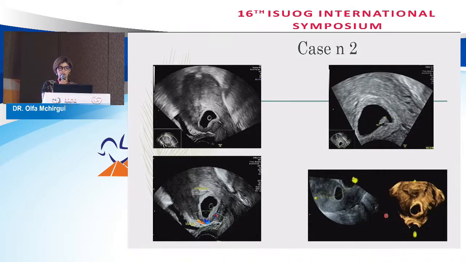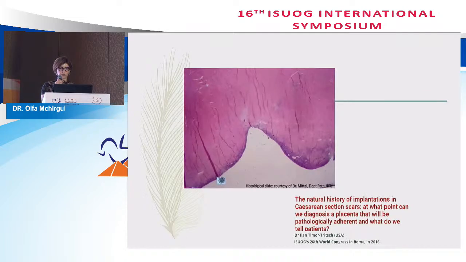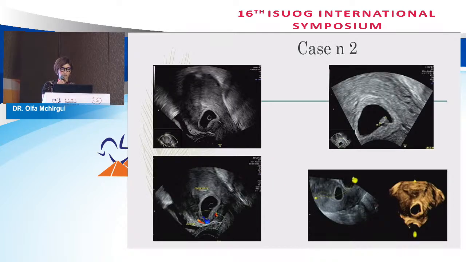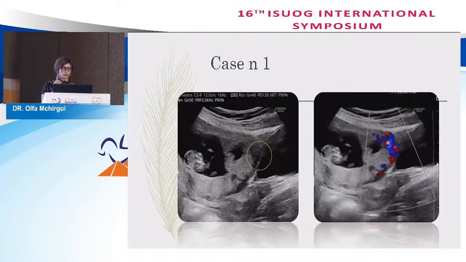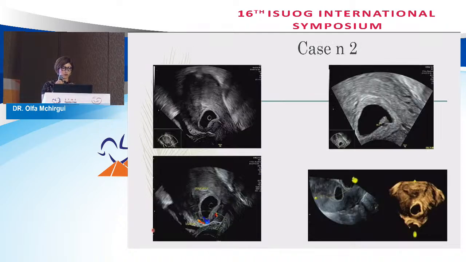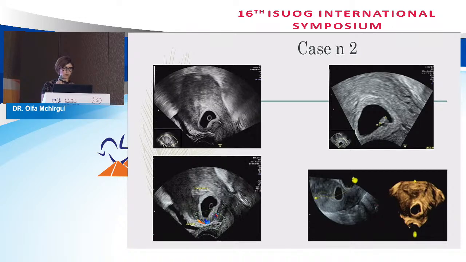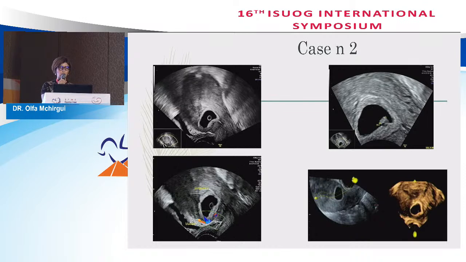And we proceed to our next case, which is a 37-year-old woman with a medical history of cesarean section at 32 gestational weeks. The first ultrasound was performed at 7 weeks. That showed a low-lying sac. As you can see, an empty cavity here.